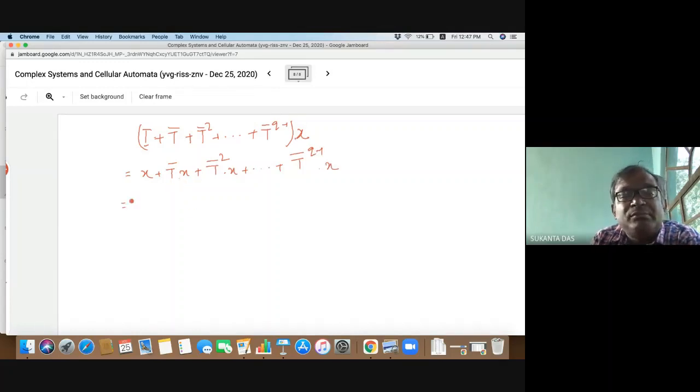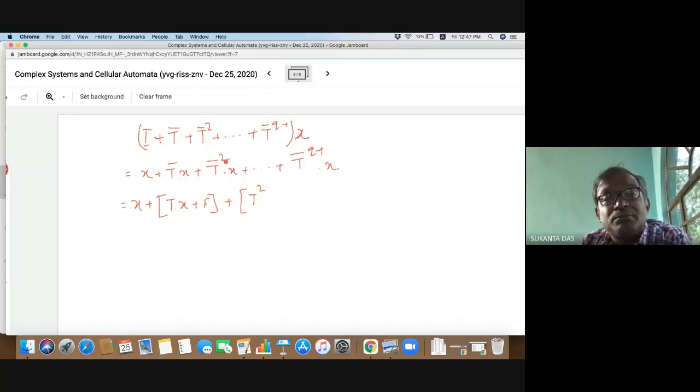Now expand them. How can I write it? It is actually TX plus F, plus T square X plus I plus T into F. Ultimately I know the property of T, so from this T bar I have to come back to T. And what it will be?